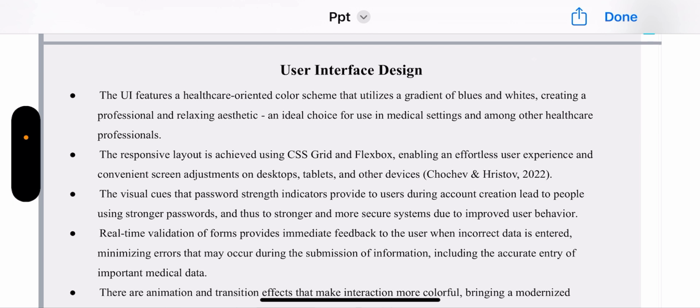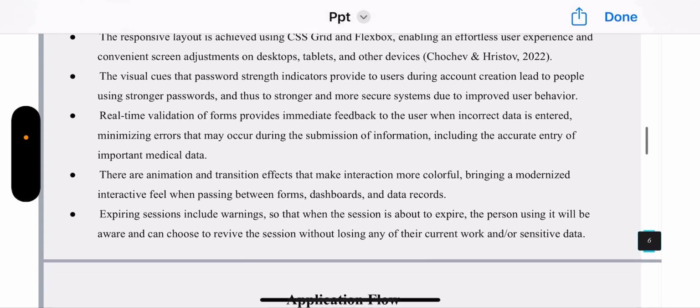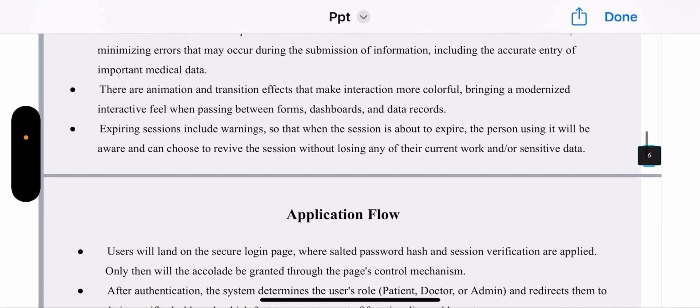The portal and the screen should be very healthy for the patient. It also has real-time validation in forms, providing feedback to the user if incorrect data is entered, minimizing small errors in the submission of information and ensuring the accuracy of entry of important medical data.